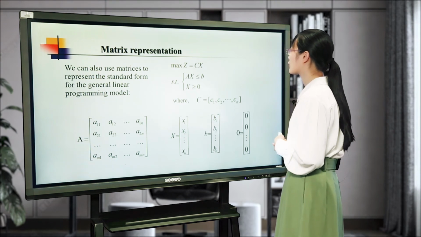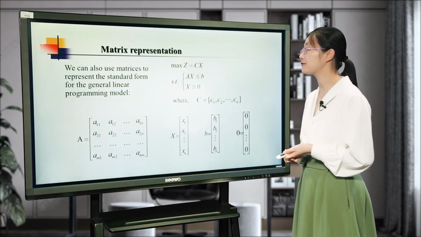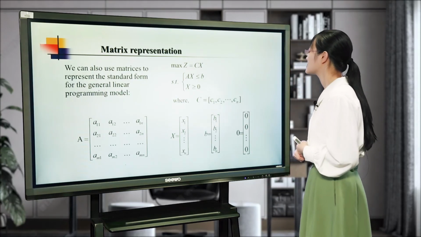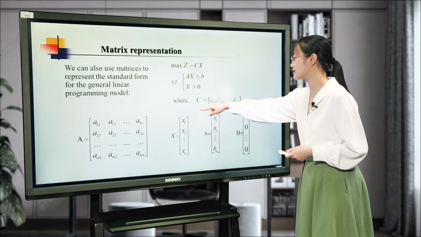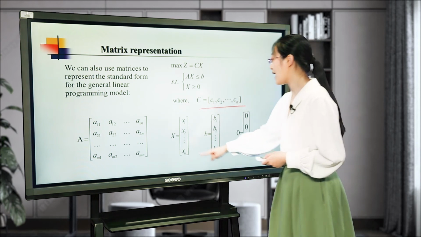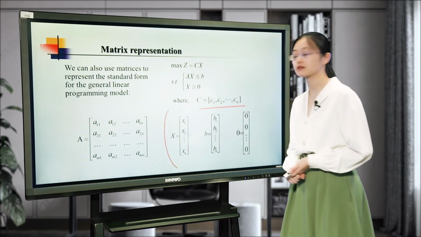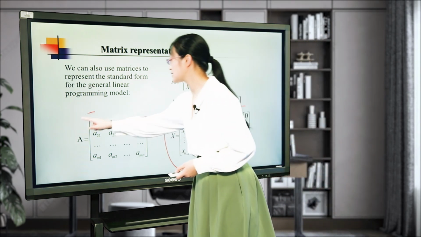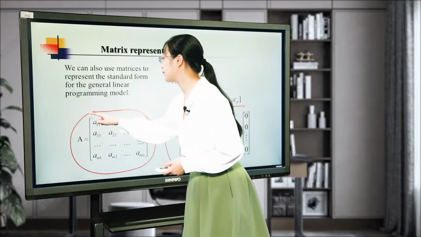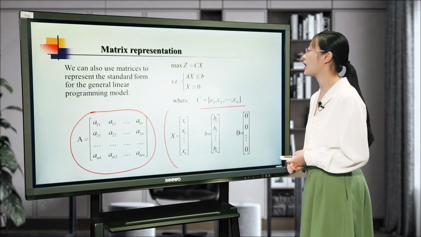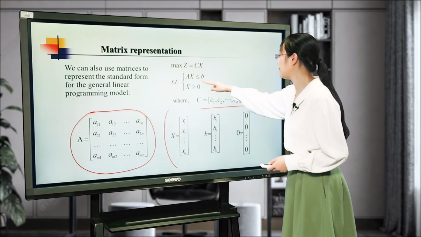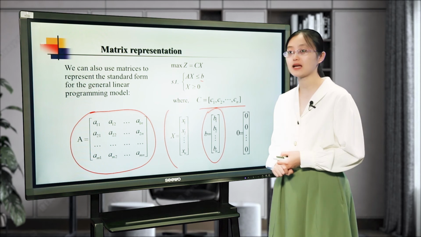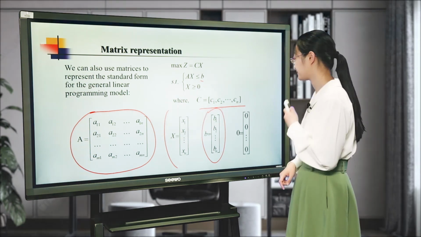In the matrix form, we have our objective function as a product of 2 vectors, c and x. Here, c is a row vector that consists of all the coefficients, and x, the capital X, is a column vector that consists of all the variables. The coefficient matrix A is the coefficients of all the variables in our constraints, and b is the column vector of all the constants on the right side of our inequalities.